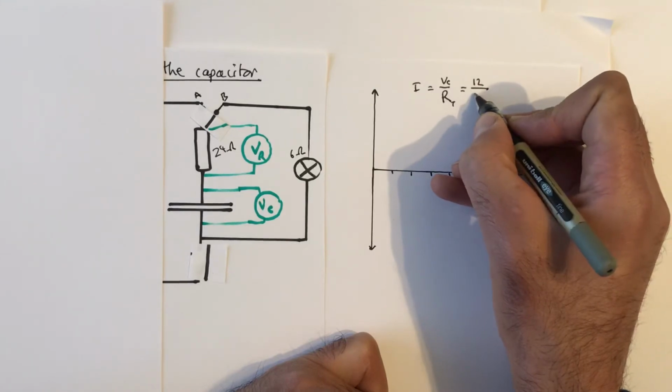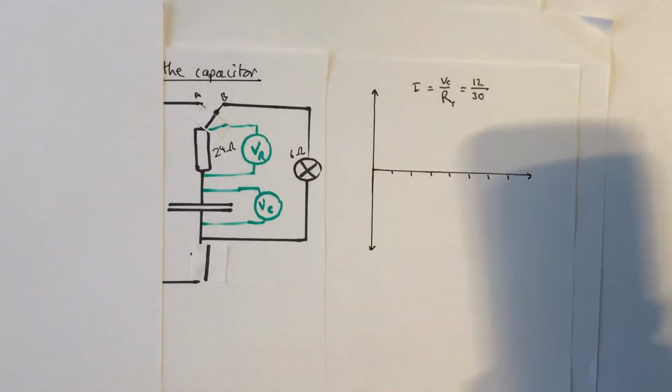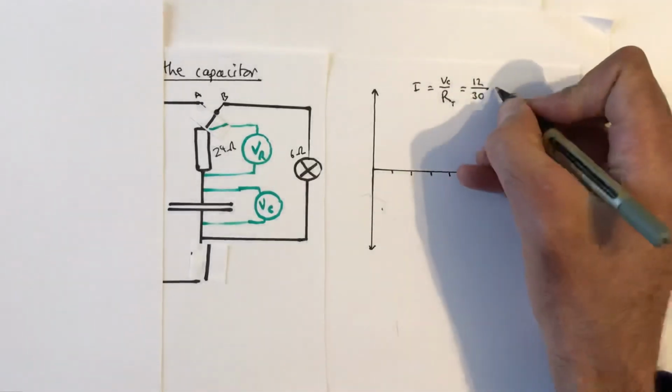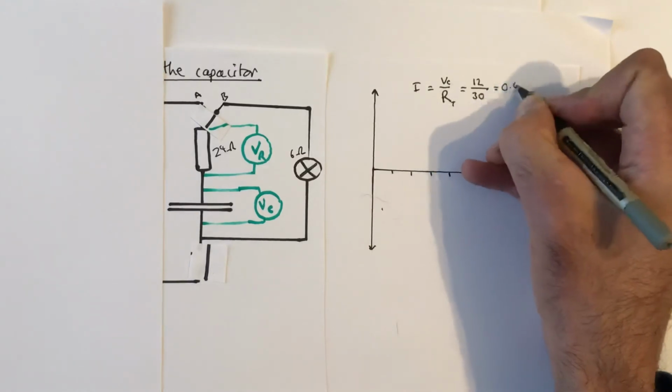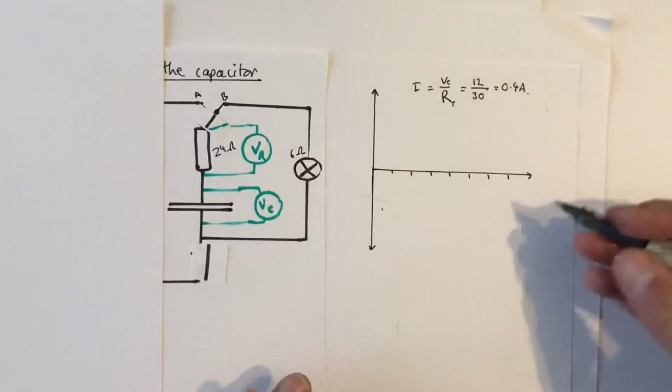So I'm going to have a fairly small current. 12 over 30. I should have done that in my head really, shouldn't I? 0.4 amperes. So I've got a little bit less current because I've got a bit more resistance in my circuit.